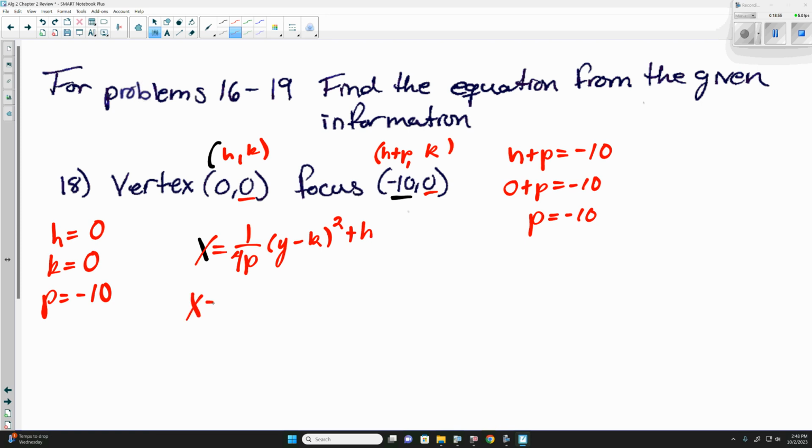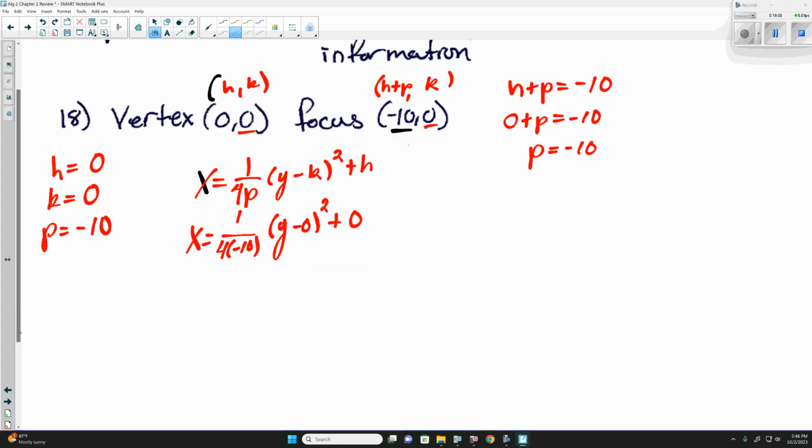Now we can plug our values in because we have x equals 1 over 4 times negative 10 times y minus 0 squared plus 0. Now we can plug our 1 over 4 times negative 10 into the calculator, let it do it for us. It should give us negative 1 over 40.